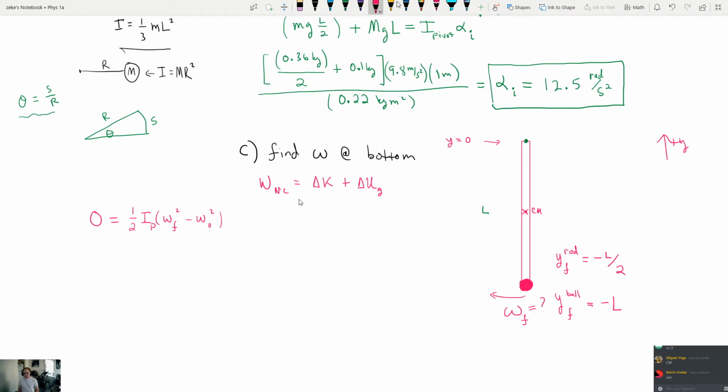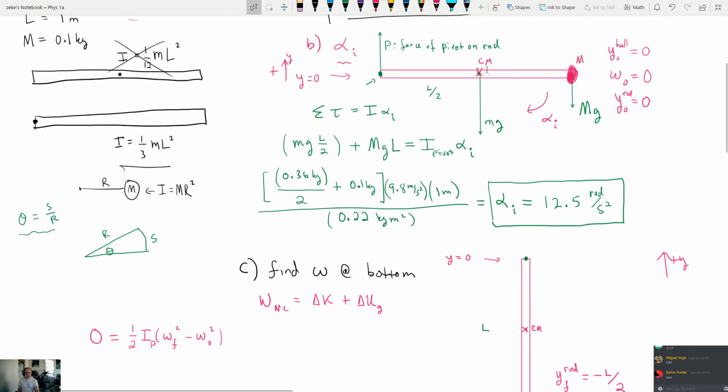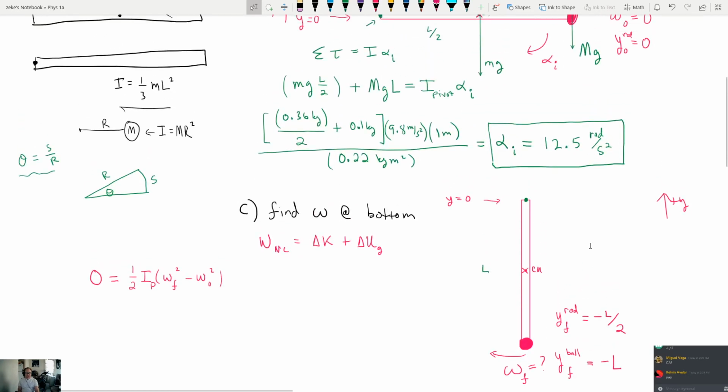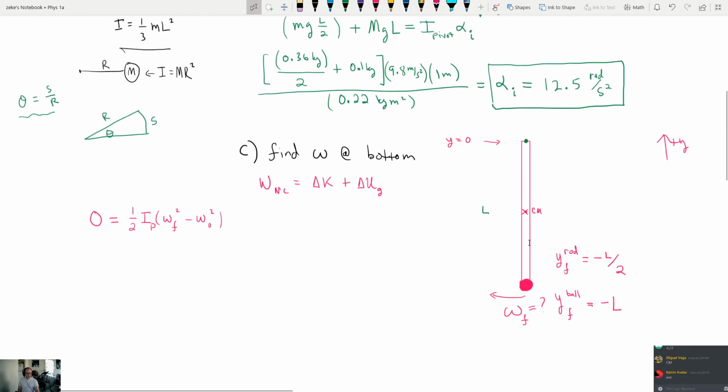Now you can also write down a translation equation too, because kinetic energy is also like 1/2 mv squared, right? But this object is undergoing pure rotation in this case. Pure rotation. There is a fixed pivot. That pivot is not moving. All of the objects that are in the system, which are the rod and the ball, they're all undergoing pure rotation. They're not translating in any way. Does that make sense?